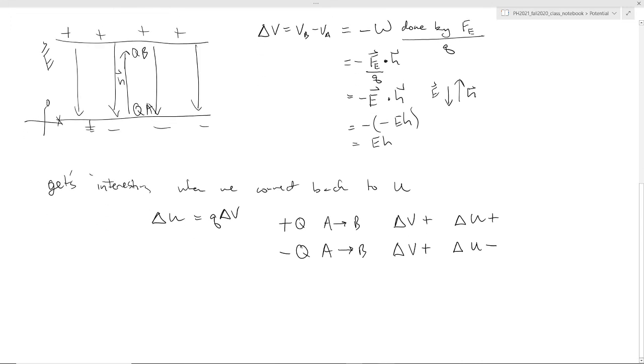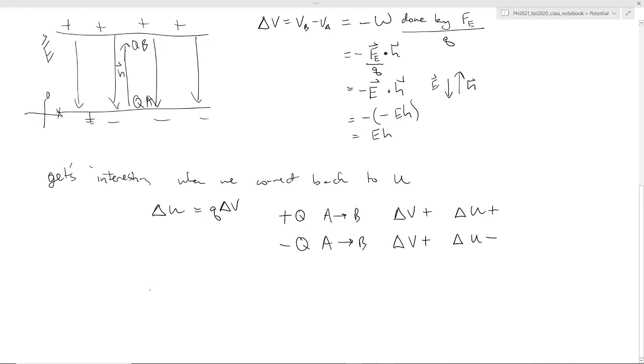Let me show you what I mean. If instead we had decided to go from high potential to low potential, i.e., from B to A, this would look like VA minus VB. And when we go to compute this, this would be E dot h. Now in this case, both E and h would be pointed down.